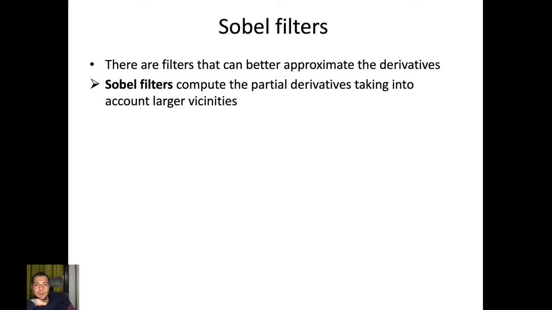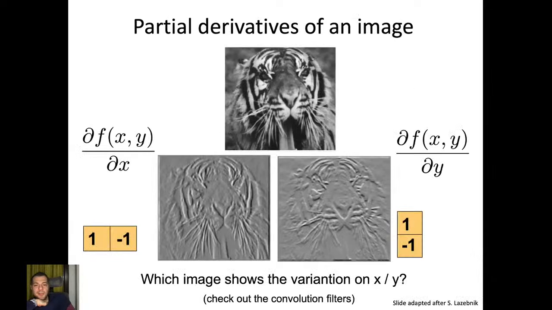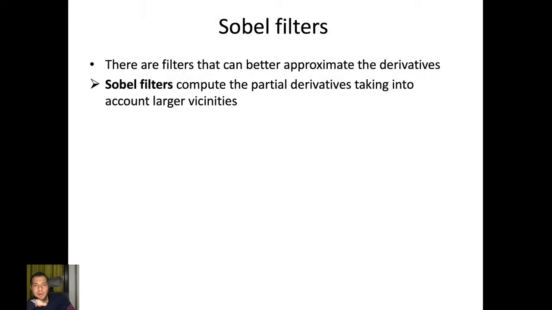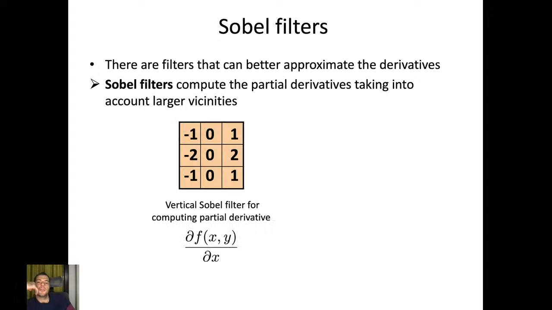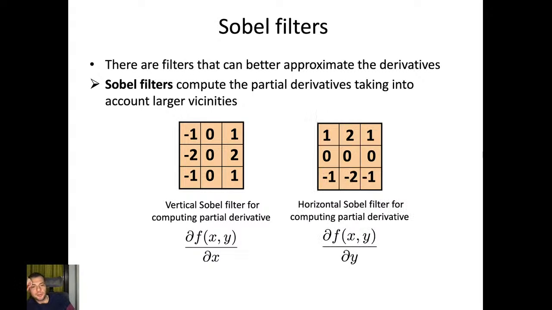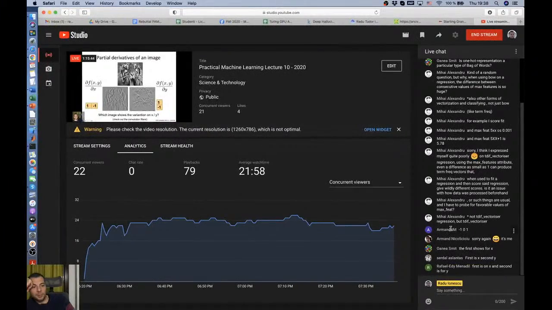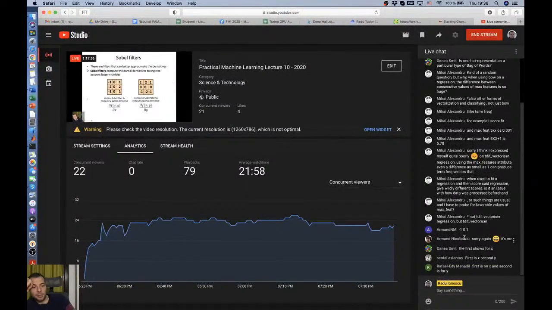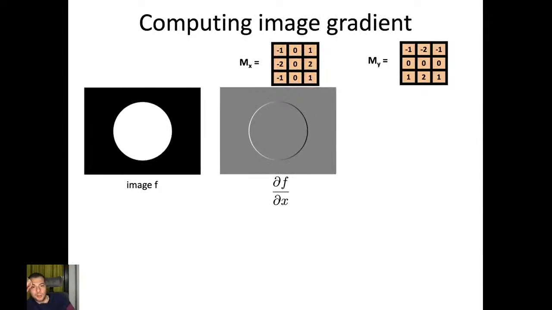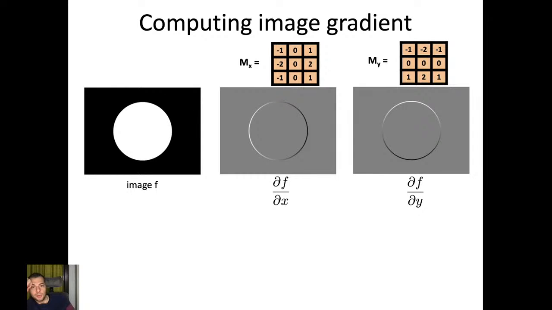Okay, so these are the basic filters that you can use, and in practice people use more complex filters such as the Sobel filters to approximate the derivatives. So this is a vertical Sobel filter, and this is a horizontal Sobel filter, and we can also use filters such as the one indicated by Armand. So that's why I accepted that as a good answer.